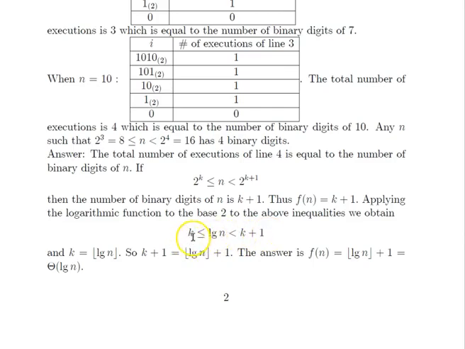Because k is an integer, k is just the floor of this real number. And k plus 1 is the floor of logarithm of n plus 1. So f of n is the floor of logarithm of n plus 1. And the theta notation of this function is theta of logarithm of n.